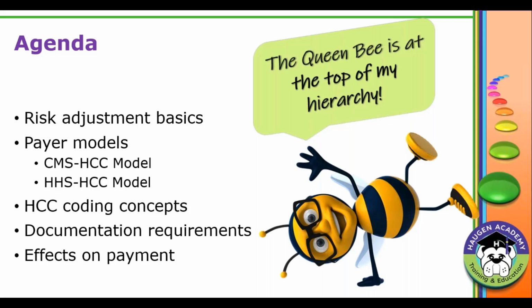And then we're going to talk a little bit about documentation requirements and which, spoiler alert, they're not too different from what you already know. And then last, we'll take a quick look at the effects on payment. And we have a whole hive of bees in our presentation that are helping us out today. And bees do work in a hierarchy, so we thought that was a good analogy for today's presentation.